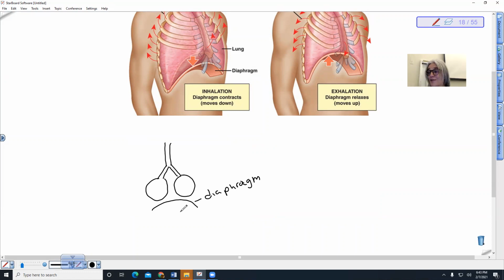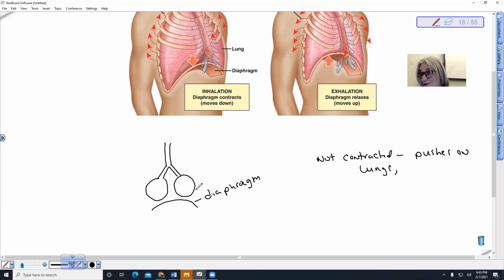Now, when the diaphragm is not contracted, this is when it is relaxed. It pushes on the lungs. And what that does is that decreases the pressure.